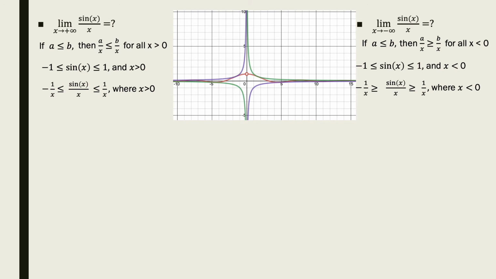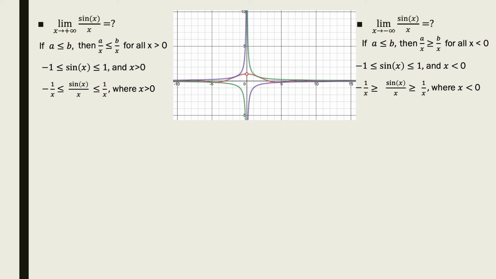On the presented graph, 1 over x is the green curve and -1 over x is purple. Depending on whether x is positive or negative, one binds sine of x over x from below, while the other binds it from above.